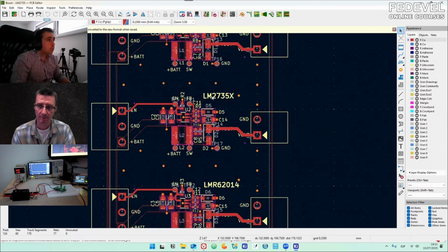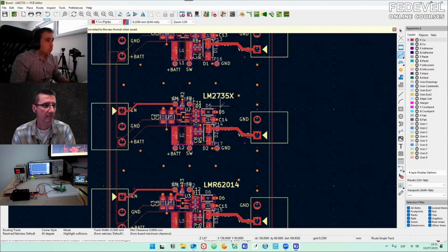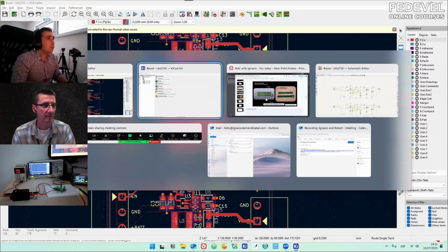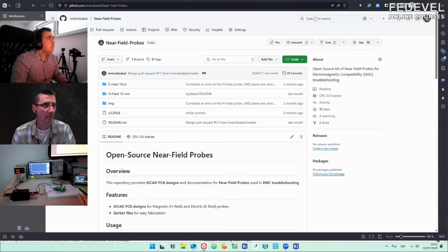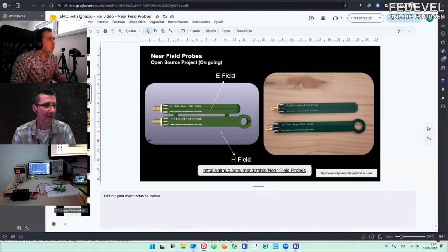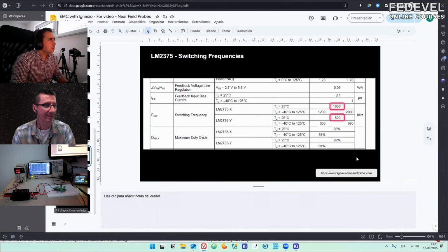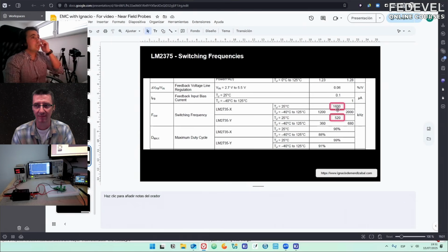So now we're going to test this one. It's version X, which frequency did it have? So this one, 1.2? I don't know. So the 1.6 X, so it's 1.6, which already is quite a higher frequency.